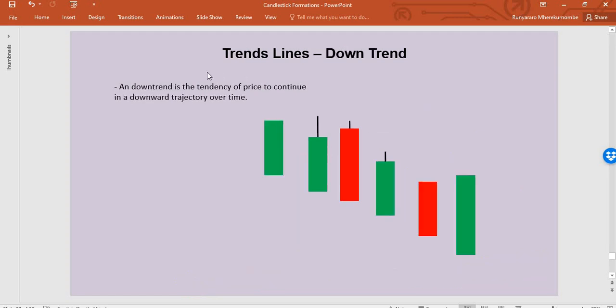Now, this is the downtrend. For a downtrend, you are looking to draw a trend line above the bodies of your candles. So in this case, you are looking at the swing highs. Remember, previously we looked at the swing lows, but here you are using the swing highs to determine your trend line.